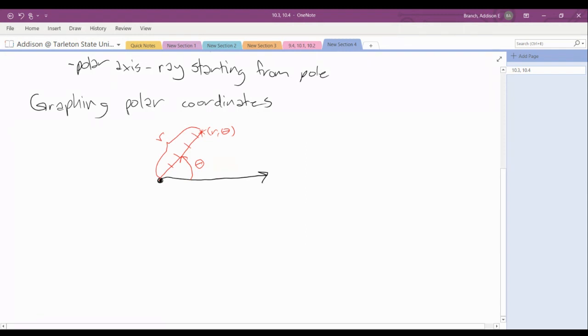Another thing that is important to cover: let's say that we have a negative theta. Just like when we talk about the unit circle and things like that, we just measure going clockwise.